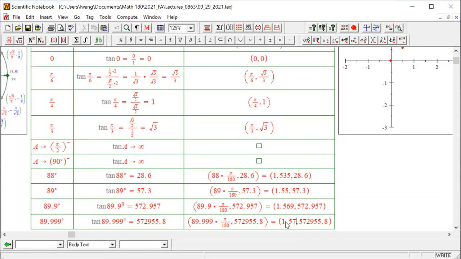Also, while we are here, there is a typo on the output of that line. 89.999 equals 57295.8. There is a double five, it needs to be single. You mean here? Yes, two fives, it must be only one 5.